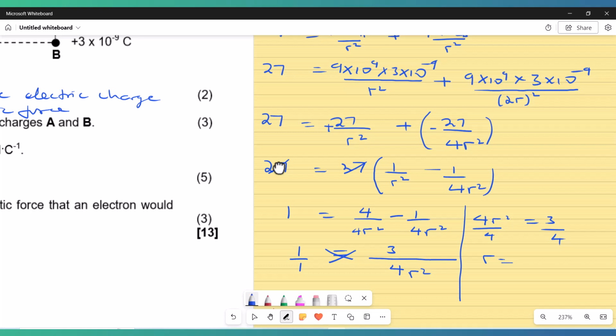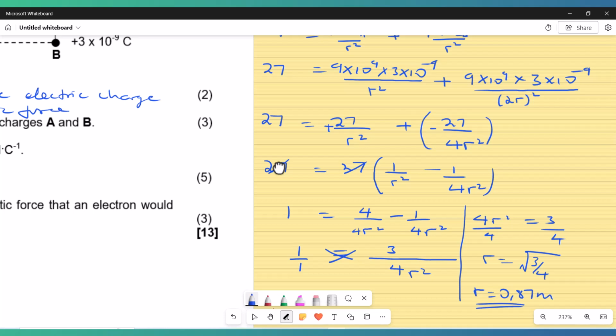It's going to be the square root of 3 over 4. So what do I get? The square root of 3 over 4 gives me 0.87. So my r is 0.87 meters. That's my r.